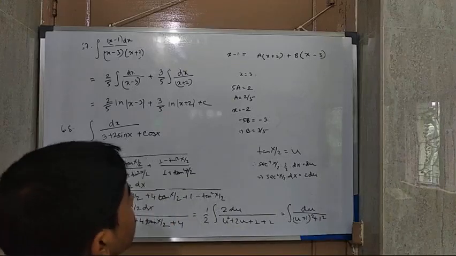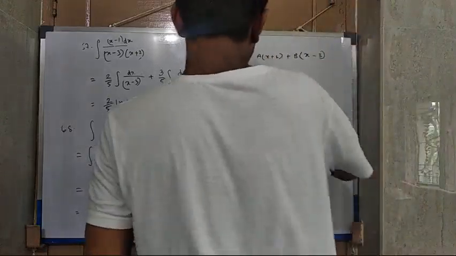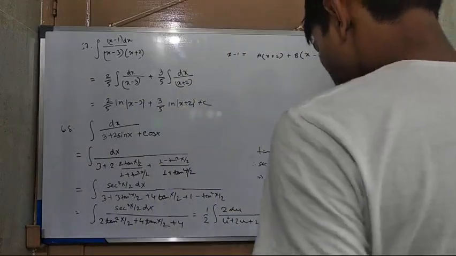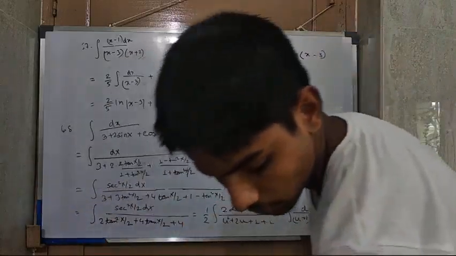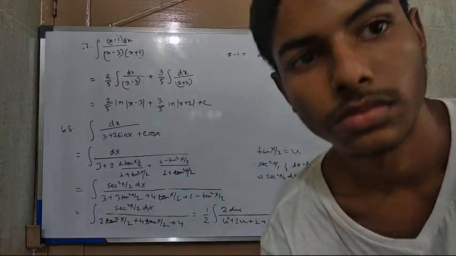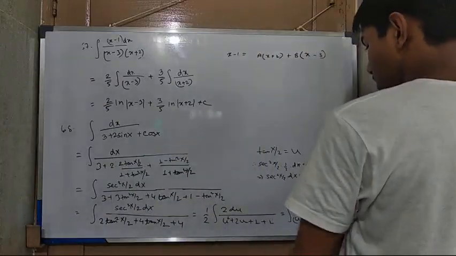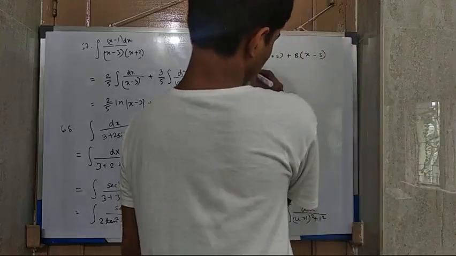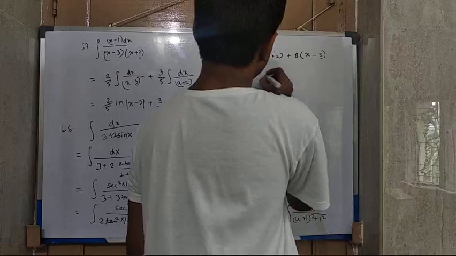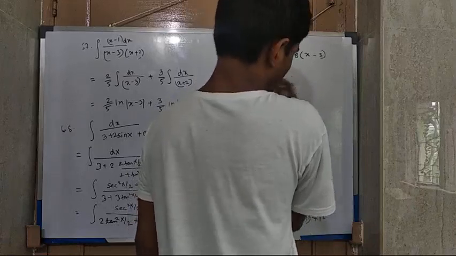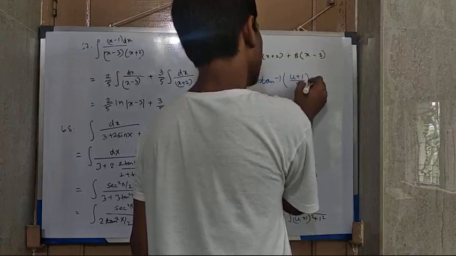And well, let me erase this. So I am doing that. So I am doing this as, this is actually tan inverse u plus 1 by 1.